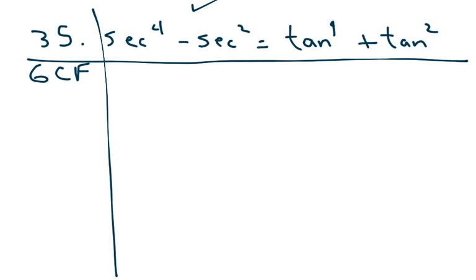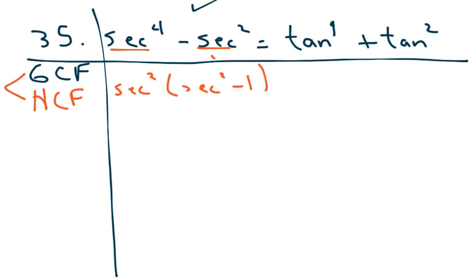By the way, in math studies and math SL, they call it the highest common factor. Same thing. So we can divide both of these by secant squared. I'm just going to pull secant squared out, and I'm going to get secant squared minus 1.